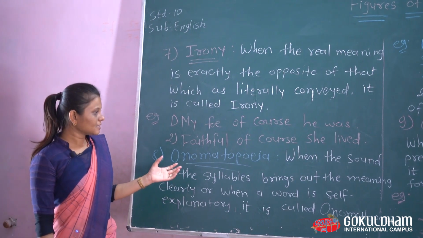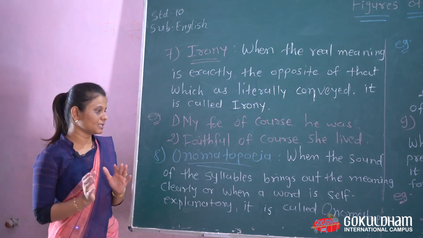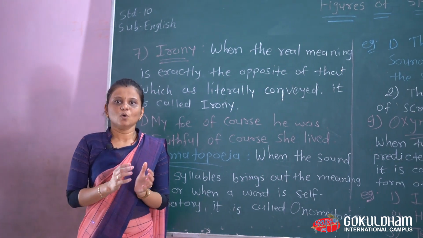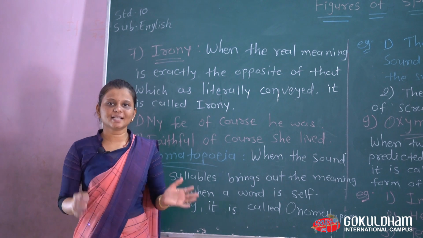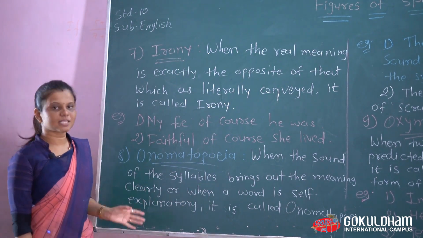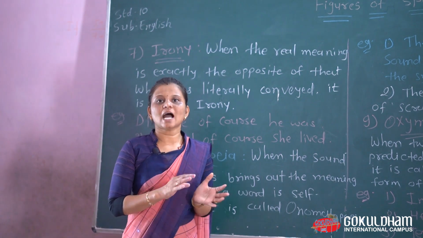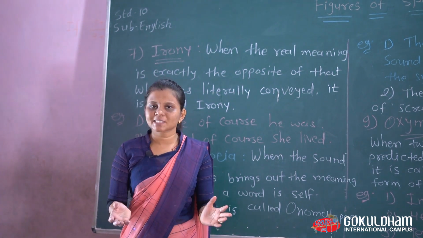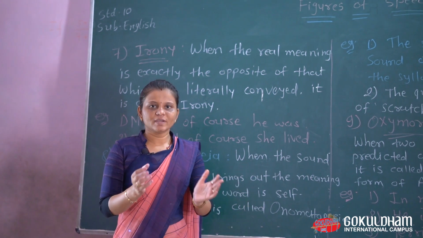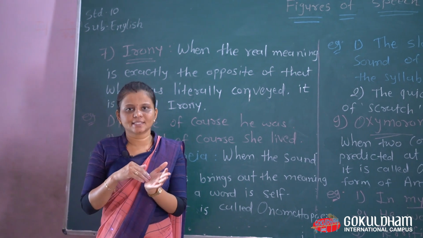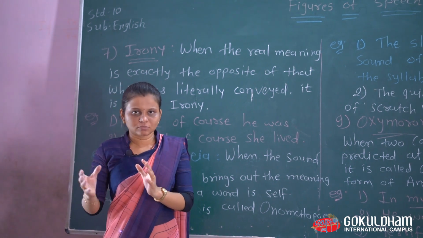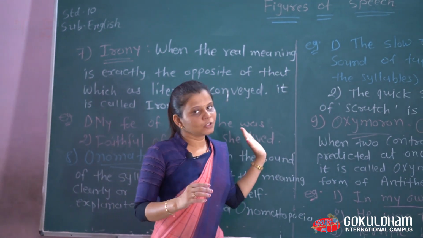What does it tell us? The sound of the syllables brings out the meaning, or you can bring out the meaning of that word with only the sound or the syllables which you hear, and it is self-explanatory. At that time you can use onomatopoeia. So we can say that the sound explains itself, or we can use the word of the sound. That time we can use this figure.